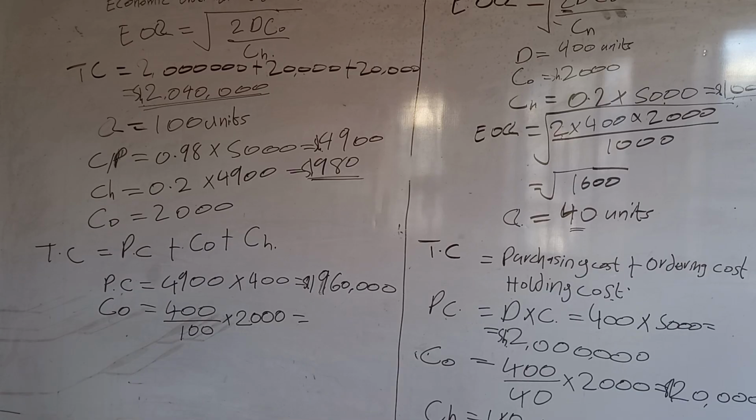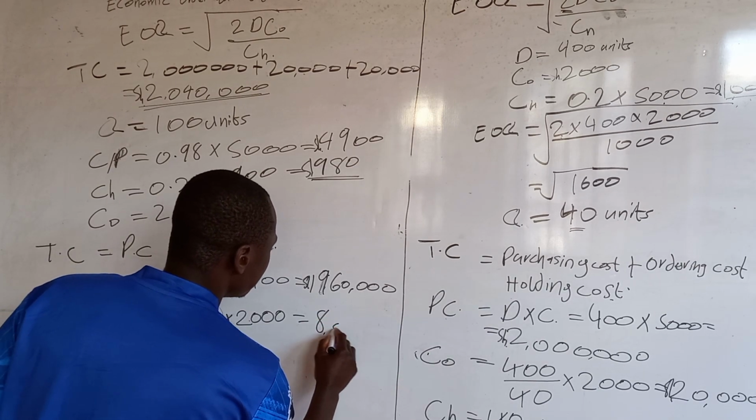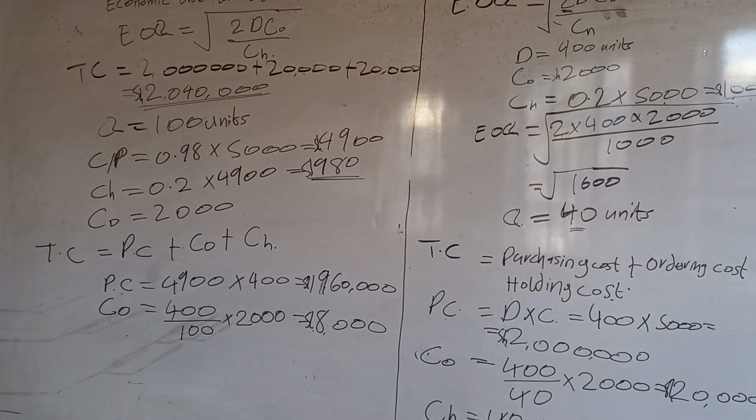That is 4 times 2,000, which is 8,000 shillings.